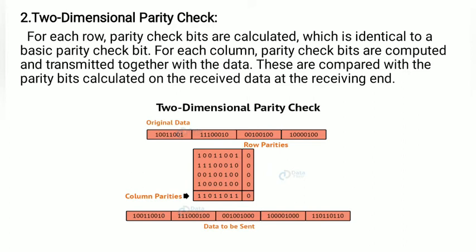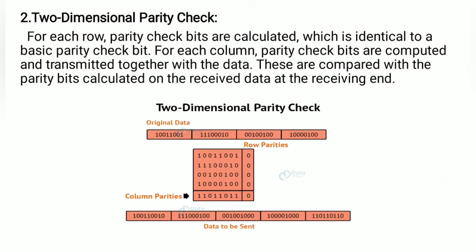A block of bits is divided into rows and a redundant row of bits is added to the whole block. At the receiving end, the parity bits are compared with the parity bits computed from the received data.